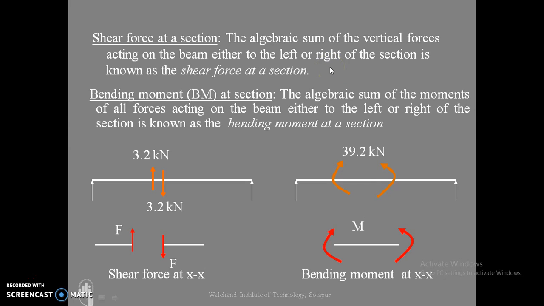This is the unbalanced force. In the same way, bending moment at a section is the algebraic sum of the moments of all the forces acting on the beam either to the left or right of the section. So these are the values obtained for the problem I considered: the shear force is 3.2 kilonewton and bending moment is 39.2 kilonewton meter.